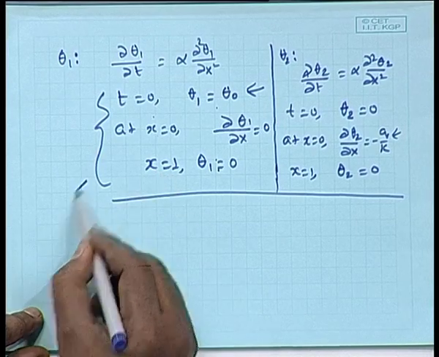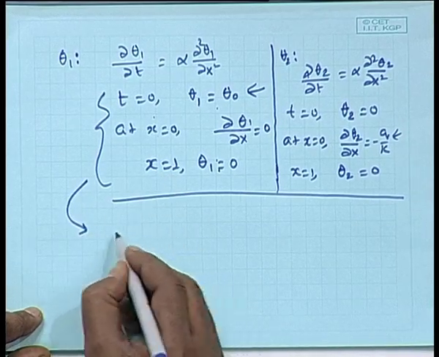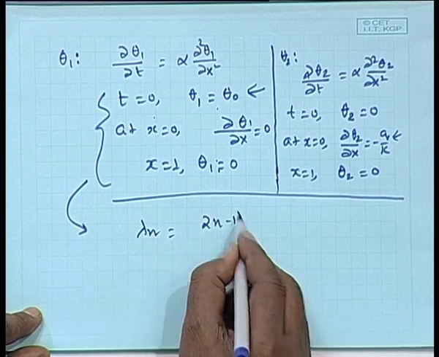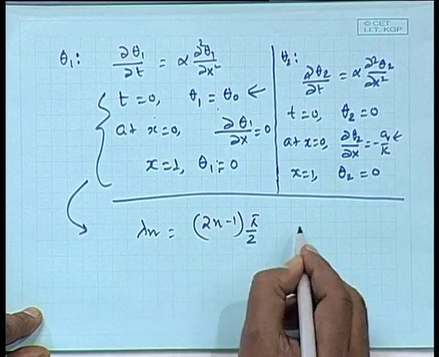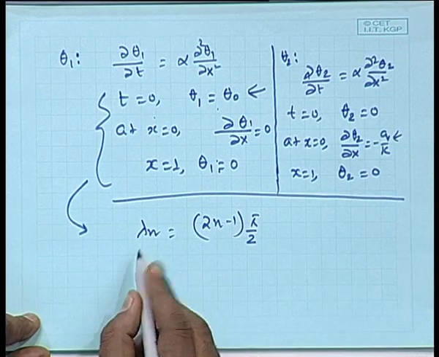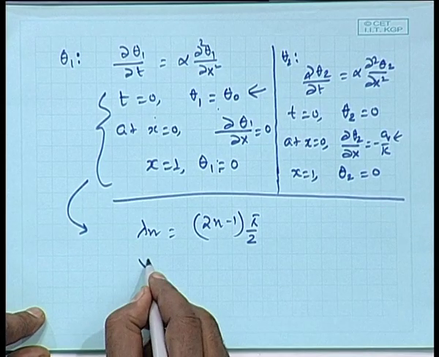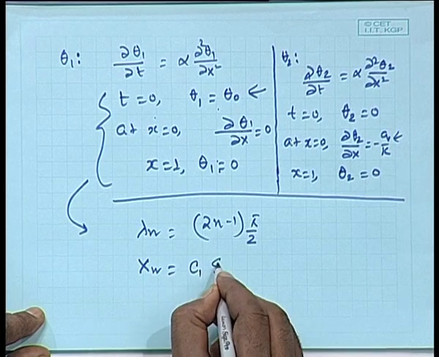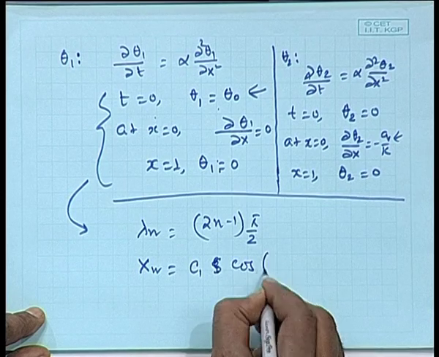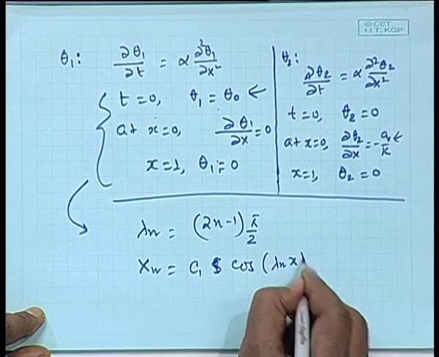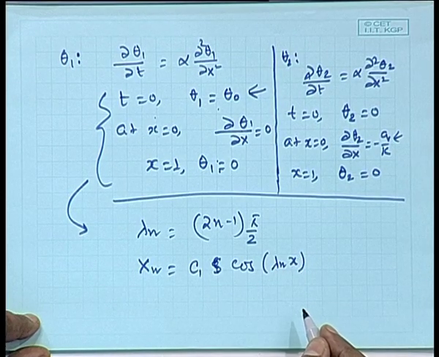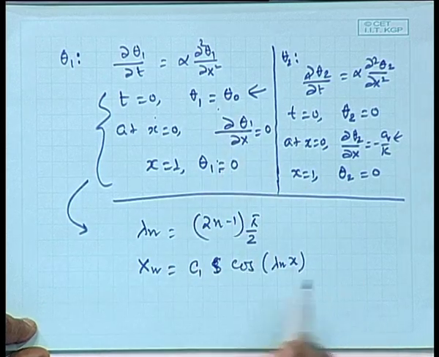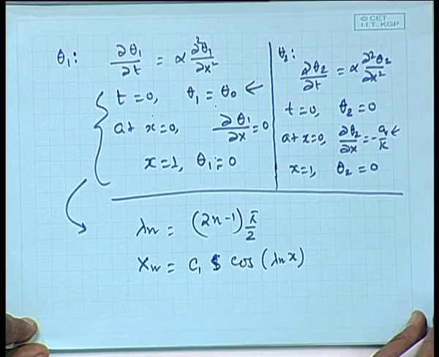If you remember, the eigenvalues are 2n minus 1 pi by 2 and the eigenfunctions are cosine lambda n x. Now, this problem is really solved in your notebook if you look into your notes. Okay.